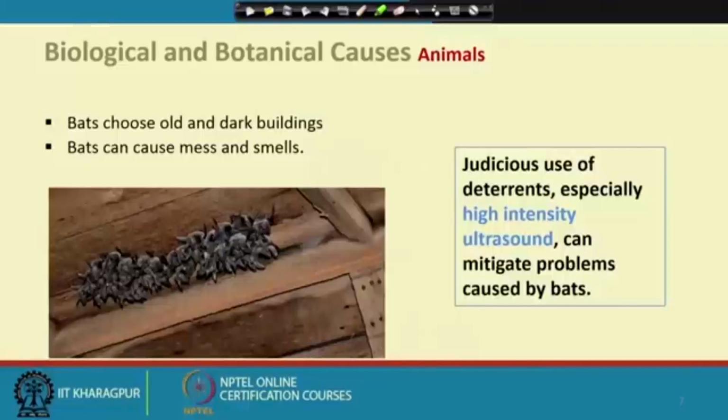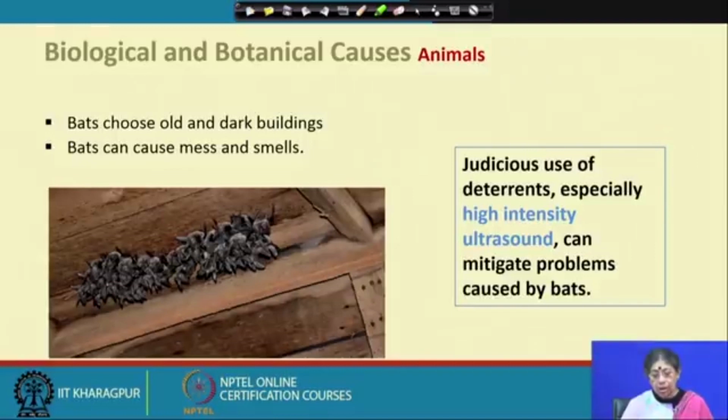So, what is the remedial measure? Especially the judicious use of deterrents; high intensity ultrasound can mitigate problems caused by bats. There is research being done on what sort of intensity can be used. Earlier there was electrocution or spikes. These are not allowed nowadays, and so one has to take a measure which does not cause further damage to these animals or birds, but can also take care of the historic fabric.